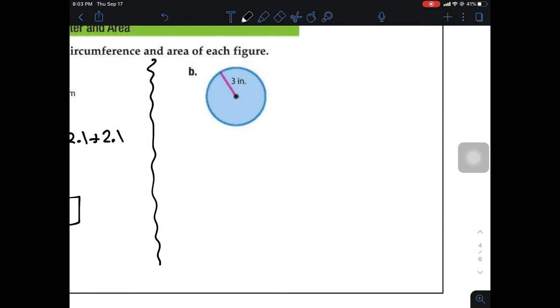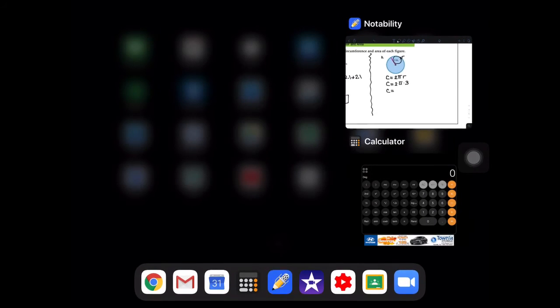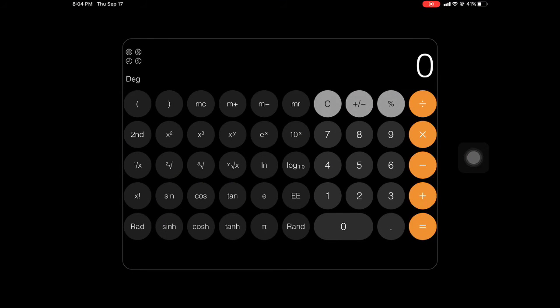This one is a circle, so perimeter isn't the word for it, it's circumference. C equals 2 pi r. And r is this is your r, the radius. So circumference equals 2 times pi times 3. Let's do that on the calculator and I'll show you. Don't use 3.14.